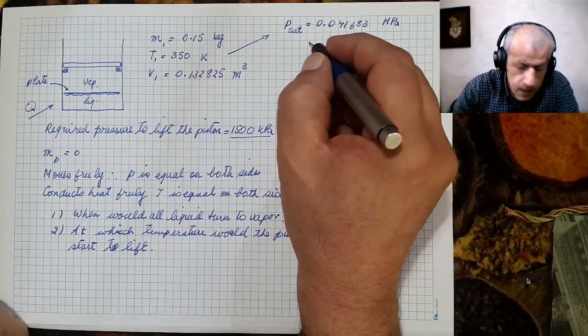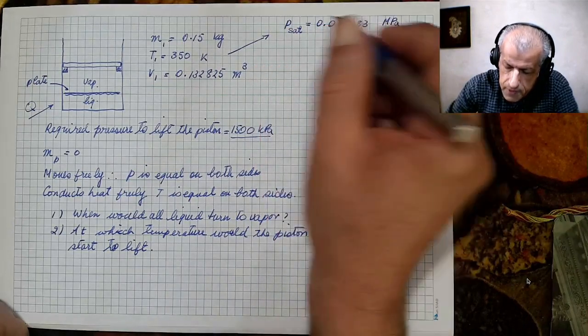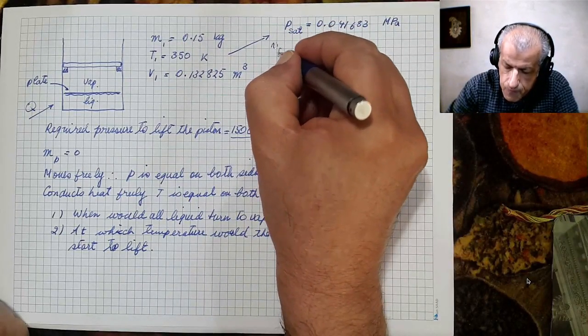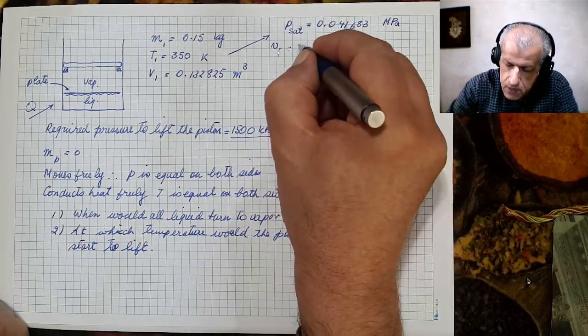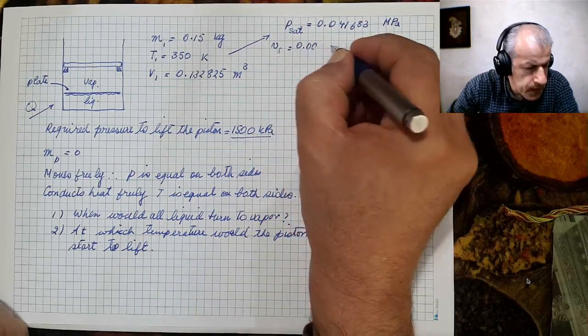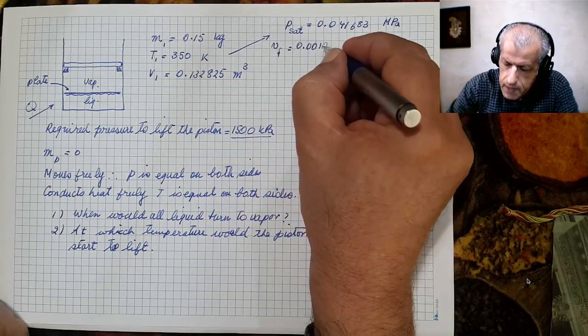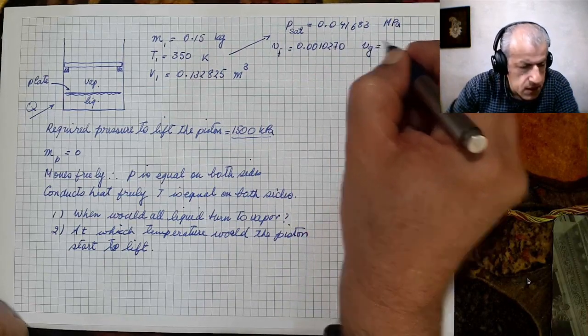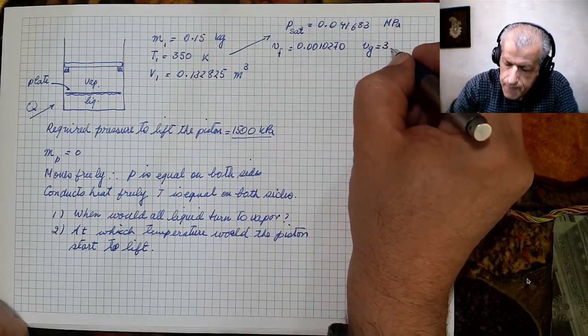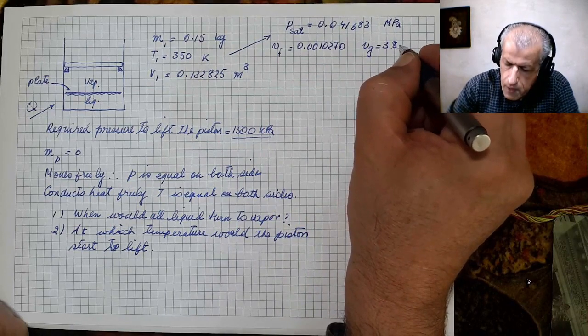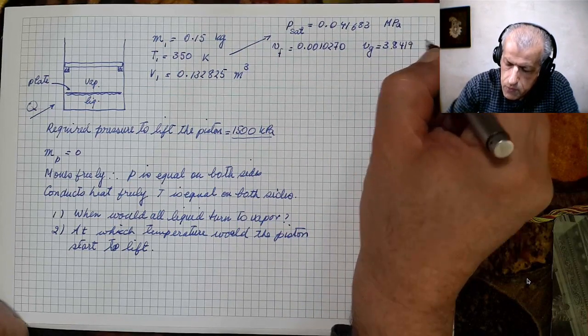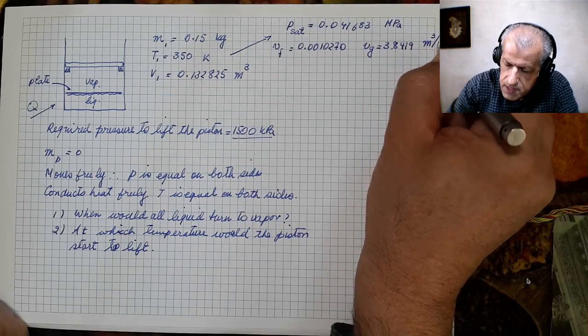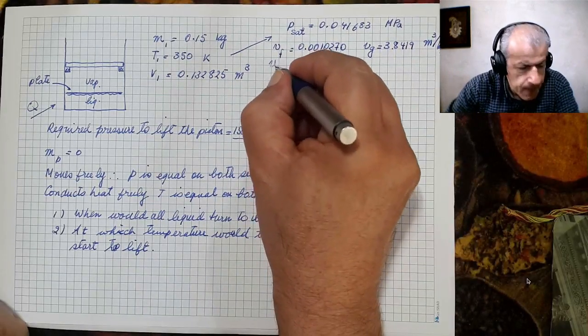Now, the other properties are Vf, which is 0.001040, and Vg is 3.8419. Both are cubic meters per kilogram.